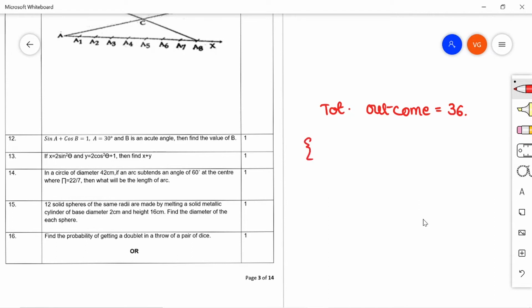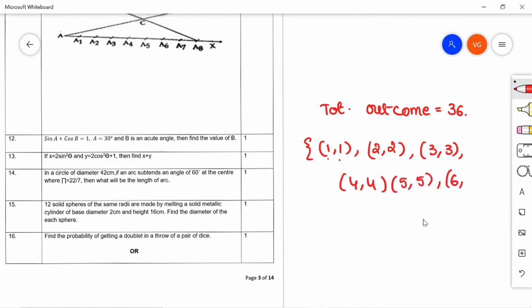Getting the same digit on both the dice at a time. That means 1 comma 1. So on the first dice, if you're getting 1, the second dice also, you should get 1 only. So like that, possible combinations are 2 2, 3 3, 4 4, 5 5, and then 6 6, right? So totally you are getting 6 doublets.